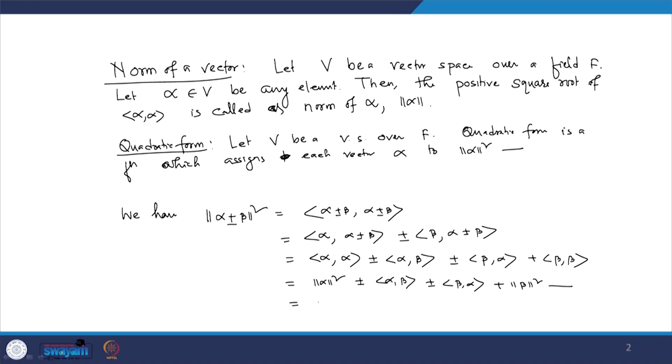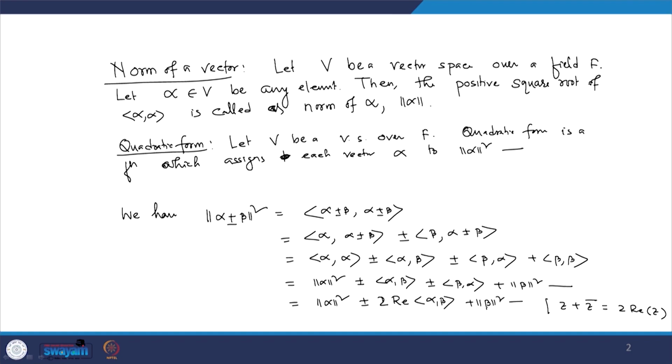So, this will be equal to norm of alpha square plus minus 2 times real part of the inner product of alpha beta, because z plus z bar equals 2 times the real part of z only: x plus iy plus x minus iy, it will cancel out, basically 2x. So, that is why, okay, plus norm of beta square please.